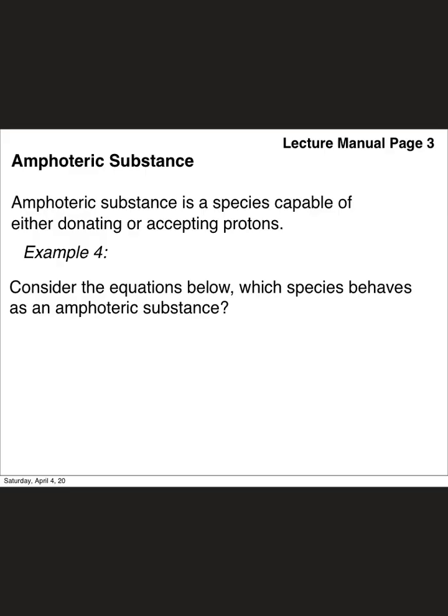Now let's take a look at the next example. Consider the following equation and choose the species that behave as amphoteric substance. Now let's take a look at the reaction between bicarbonate and water. As you can see, the product of this is carbonate and hydronium ion. You probably can already tell that in this case, bicarbonate behaves as an acid because the product is carbonate ion that has one less proton.